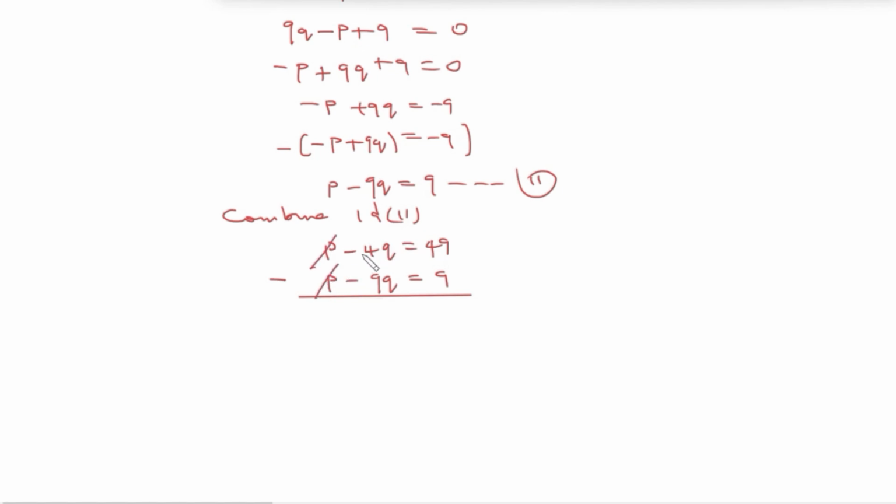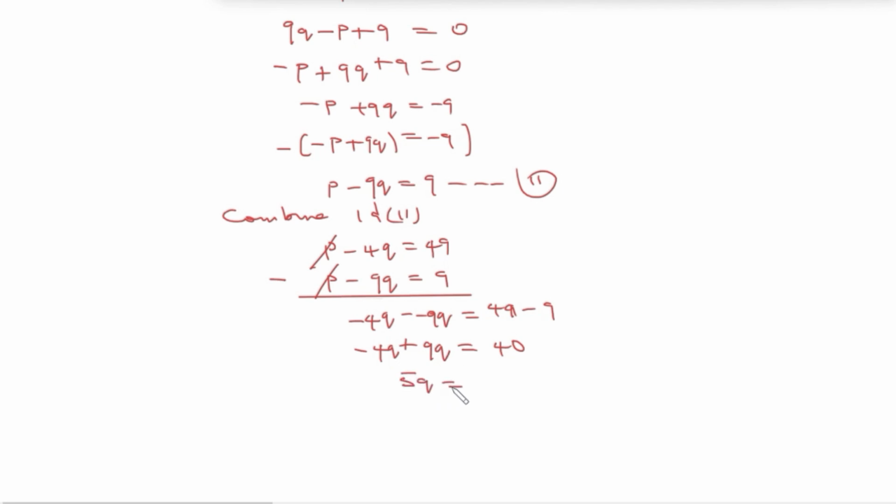Now we have minus 4q minus 9q is equal to 49 minus 9. Minus 4q minus times minus is plus 9q is equal to 49 minus 9, which is 40.